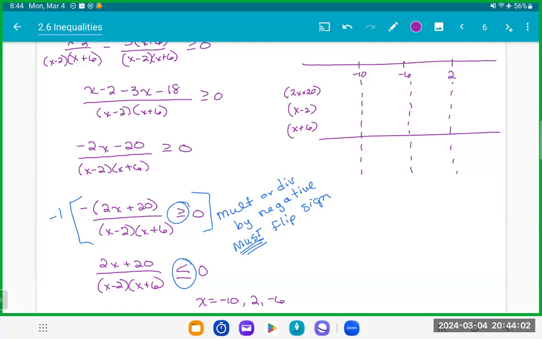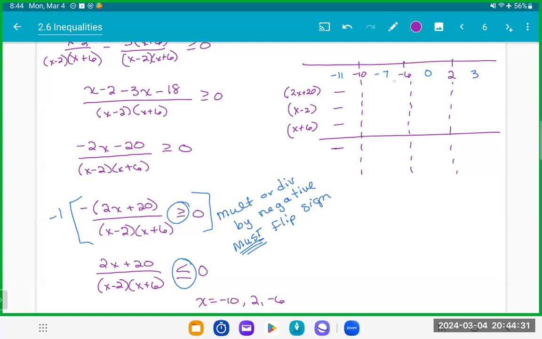Okay, so what values do we want to use? This could be -11, this could be -7, this could be 0, and this could be 3. Okay, so when we plug in -11, we get negative, negative, negative. So 3 negatives makes a negative.